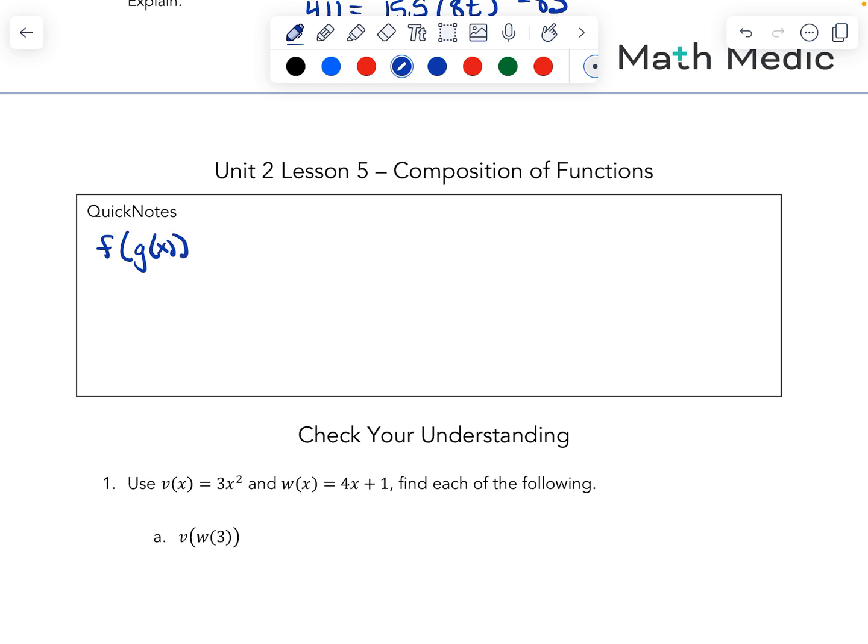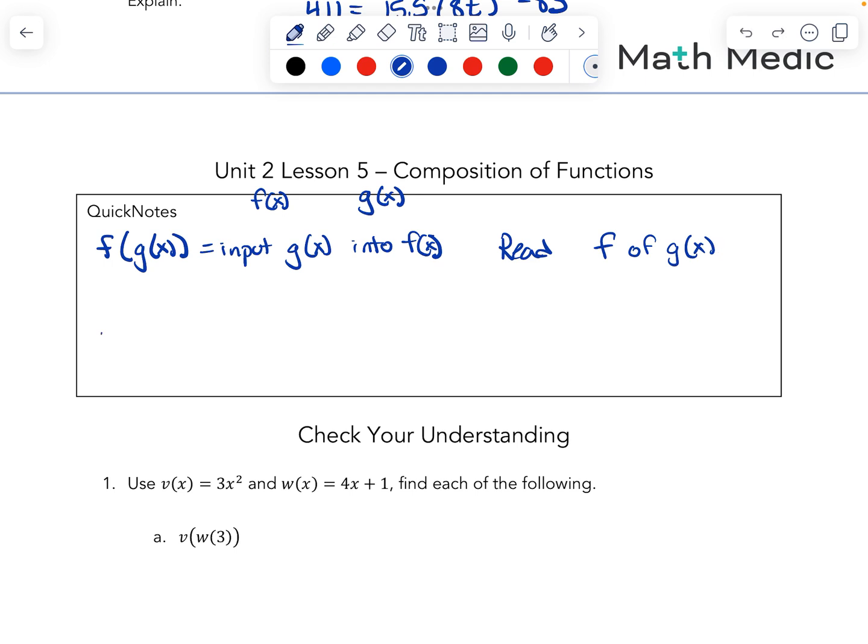So if we have two functions, f of x and g of x, two different equations, what this means is to input g of x into f of x. And we read it f of g of x.